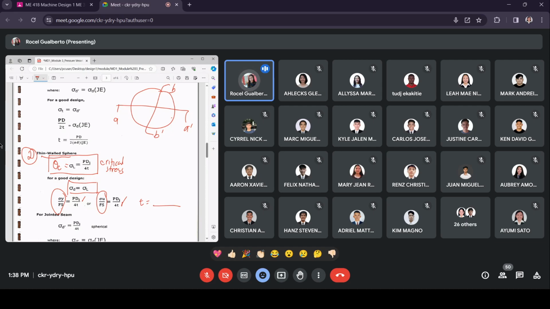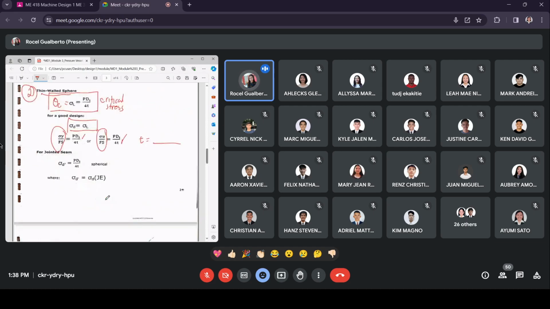Now, the same thing as with the cylinder earlier, if there is a jointed seam, what we do is use the lowered design stress. So we use sigma D prime equal to your circumferential or longitudinal stress, because they are the same.